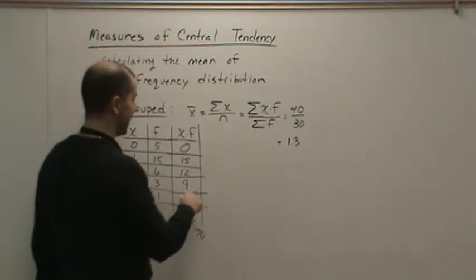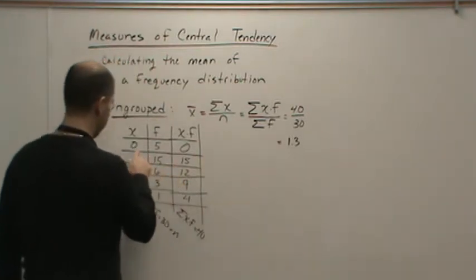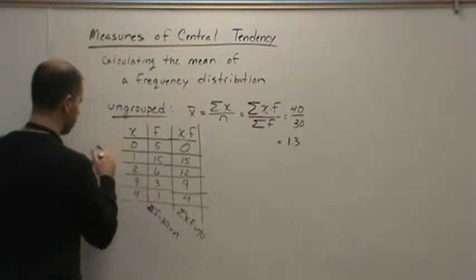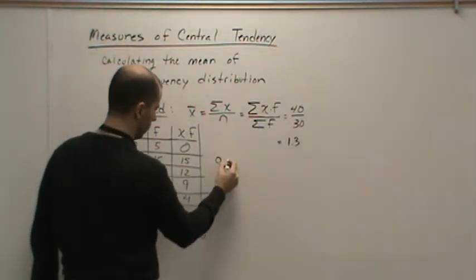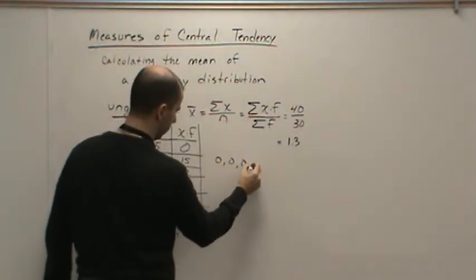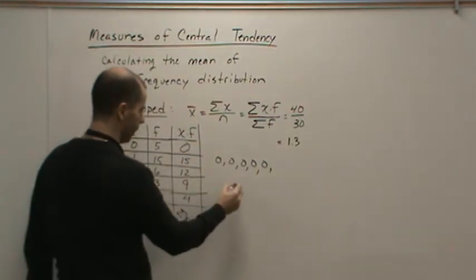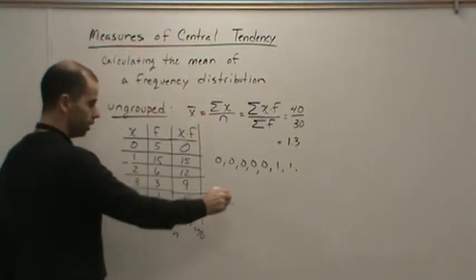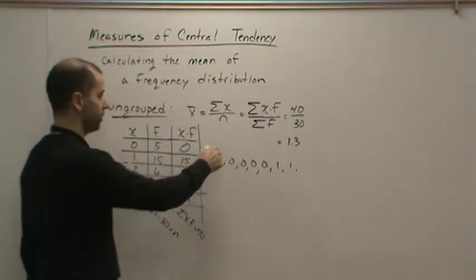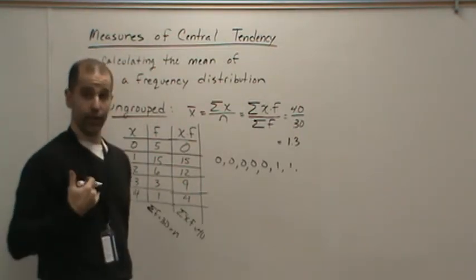Now, notice that if I did this formula, which means I took out 0, 0, 0, 0, 0, so I wrote out all of these values, right? So I would have 0, 0, 0, 0, 0, and then how many ones do I have? 15 ones. 1, 1, 1, so on and so forth. If I wrote out all of the values and used this formula, I get the same thing. Well, I know I don't want to do that.